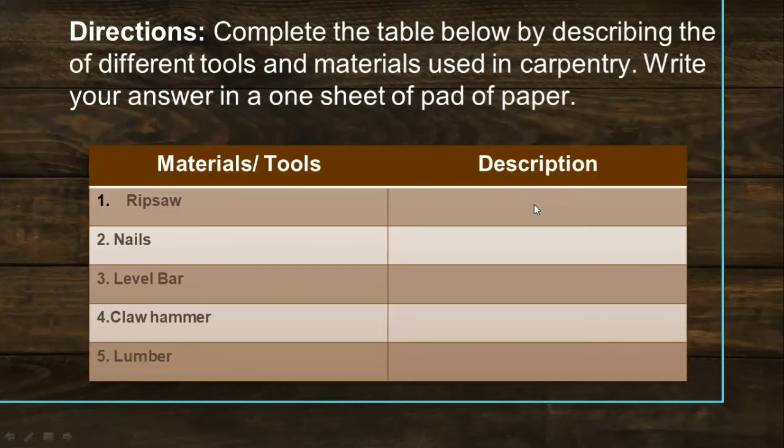Okay, that's correct. You got the right answer. Okay, so label bar is used for checking the vertical alignment and the horizontal alignment of a position. For example, you want to check the level of ang beam abi sa balay, then you're gonna use a label bar. Okay, that's correct. That's correct, Shannon.